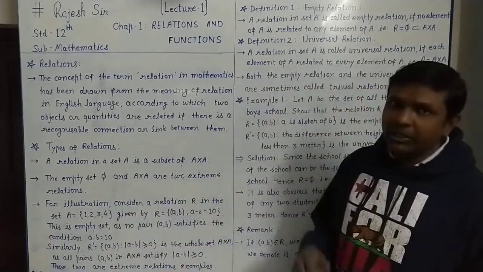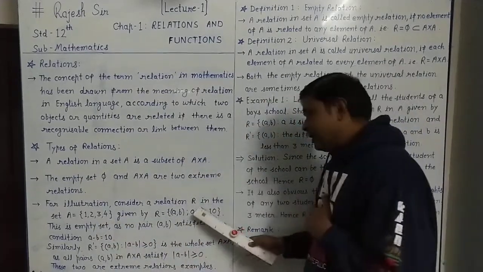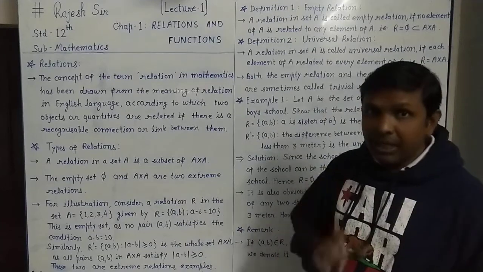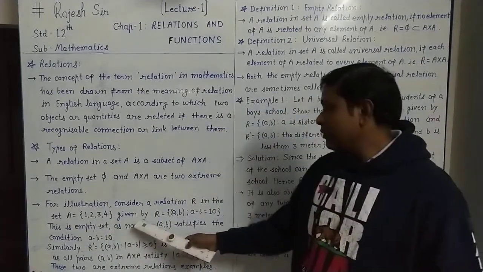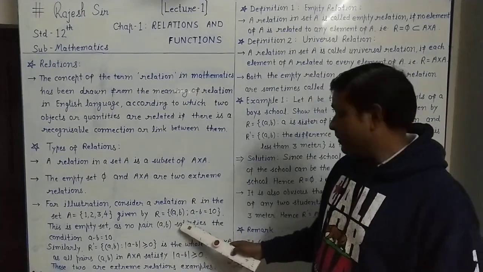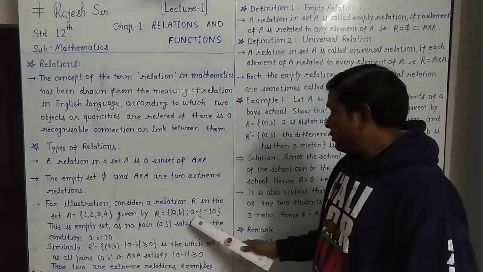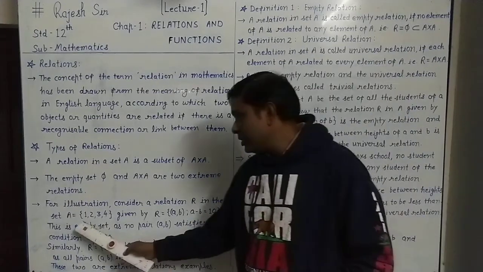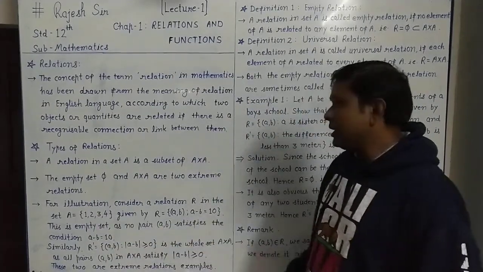You will understand this by taking one illustration. Consider a relation R, denoted by capital R, in the set A = {1, 2, 3, 4}, given by R = {(a, b) : a - b = 10}. If you take any value from this A, suppose a = 1 and b = 2, the difference will be -1.